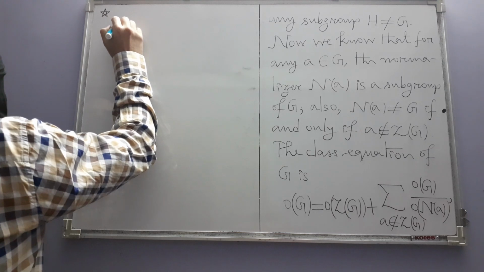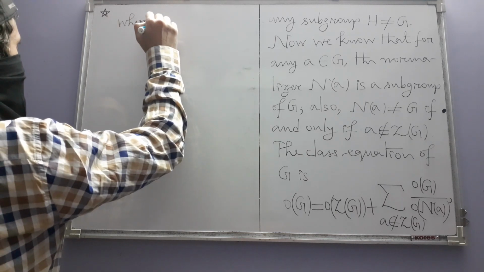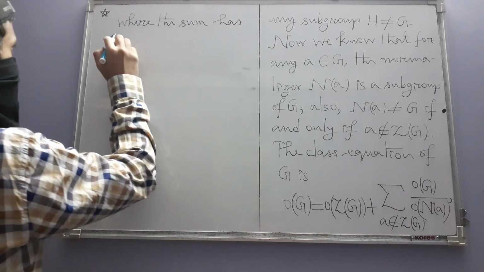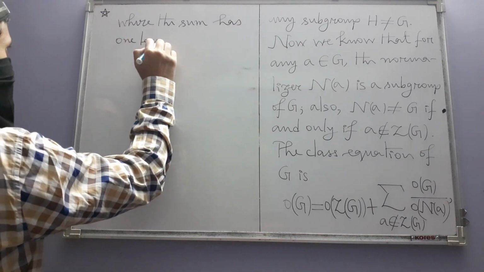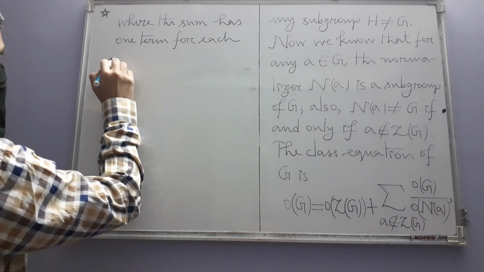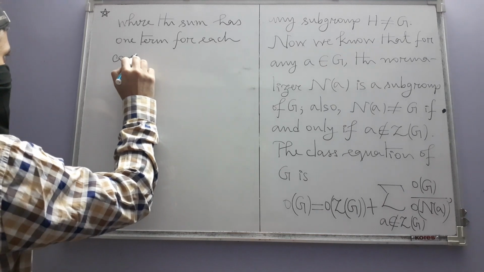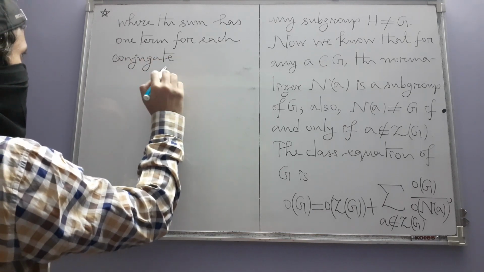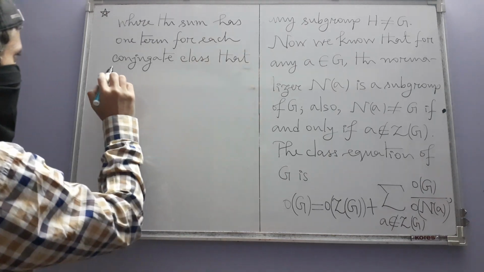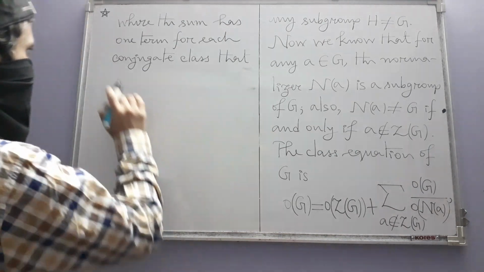Where the sum has one term for each conjugate class that does not correspond to a central element.